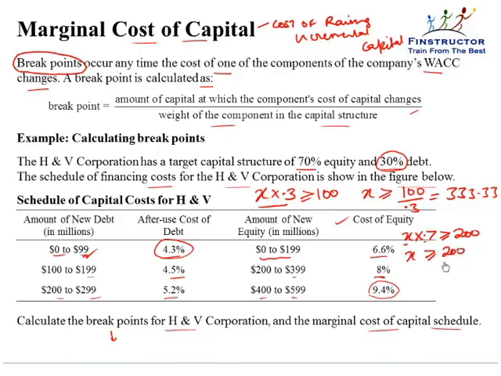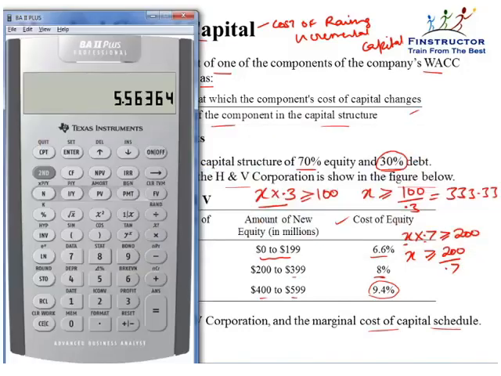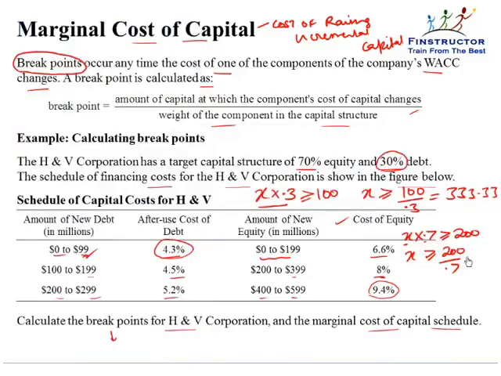So it will be 200 divided by 0.7, which is $285.71 million. So a breakpoint will come when the total capital exceeds $285.7 million. Another breakpoint will come when the total capital exceeds $333.33 million, so on and so forth.